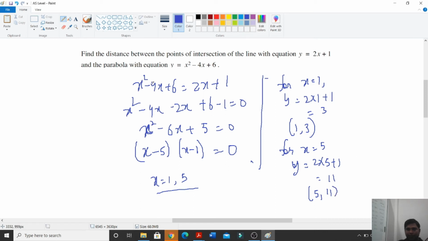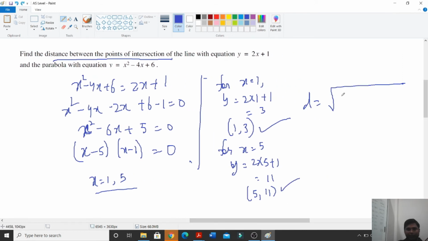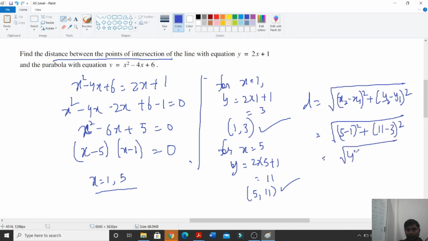Now what it's asking is the distance between the points of intersection. So it is intersecting at these 2 points and you need to find the distance between them. We will apply the distance formula, which is root of (x2 minus x1) whole squared plus (y2 minus y1) whole squared. So (5 minus 1) squared plus (11 minus 3) squared, which is 4 squared plus 8 squared, which will give you 16 plus 64, which is root 80.